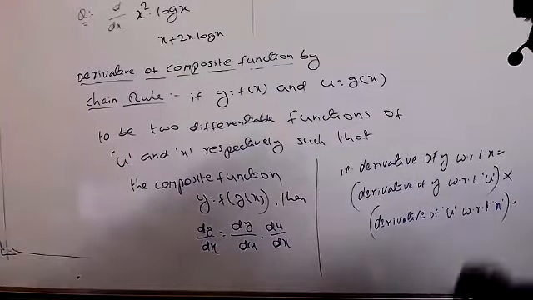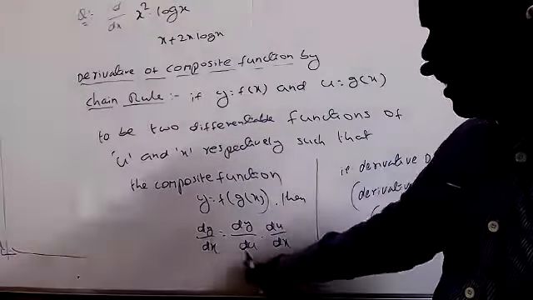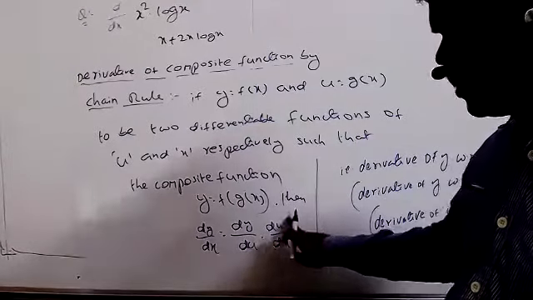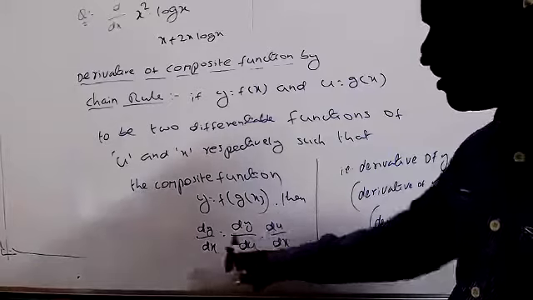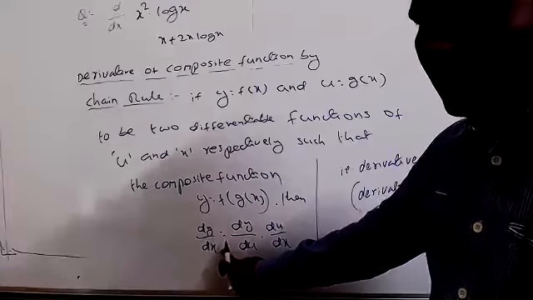Generally dy by dx equal to what do you get, tell me now: dy by du into du by dx. Actually du will be cancelled and it should be equal to dy by dx only. What is the meaning of dy by dx here now?